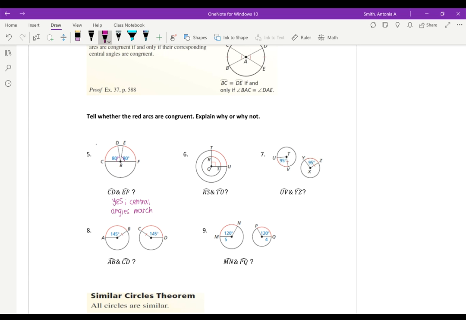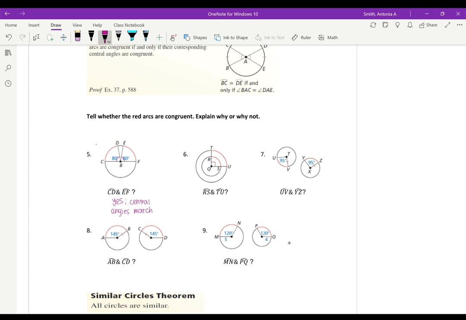Let's look at number 6. So number 6, we have a circle within a bigger circle. So it wants us to see is RS the same as TU. Okay. So these 2 arcs are not a part of the same circle. They're 2 different circles, even though one's inside the other. So they're not on the same circle. Are they on congruent circles? Is this circle on the inside the exact same size as this one out here?